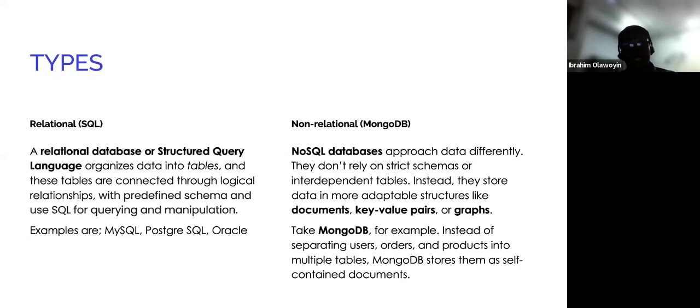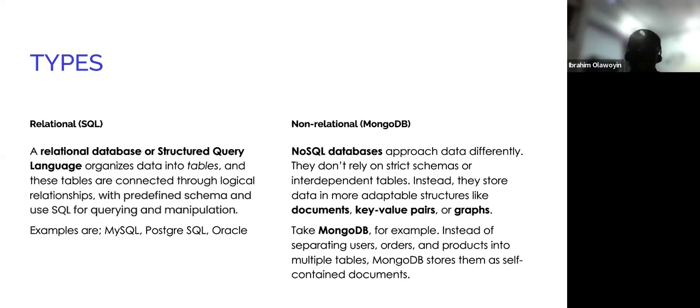It's less concerned about having a strict policy of how a database schema is designed. Instead of storing data in tables like its counterparts, they store their data in more adaptable structures, like documents, key value pairs, or graphs, right?